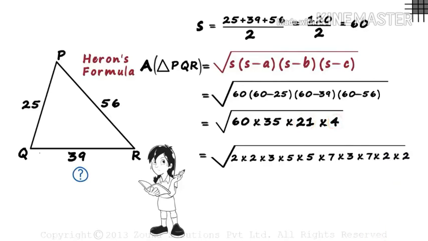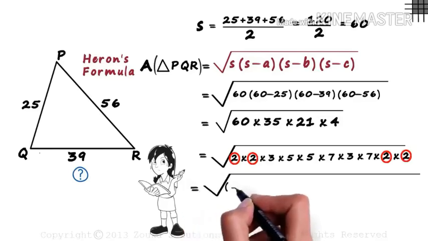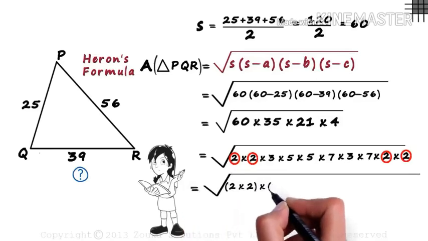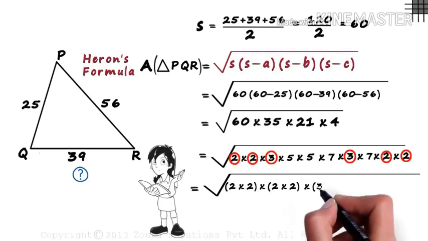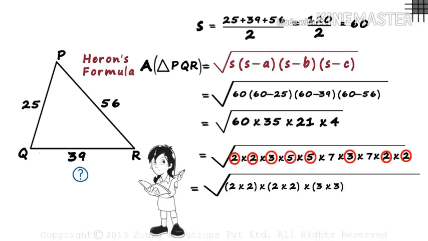The next step in the prime factorization method was to start making groups of two same numbers. There are four 2's. They can be written as 2 multiplied by 2 multiplied by 2 multiplied by 2. Apart from that, there are two 3's. We can write it as 3 times 3, two 5's written as 5 times 5 and two 7's as 7 times 7.